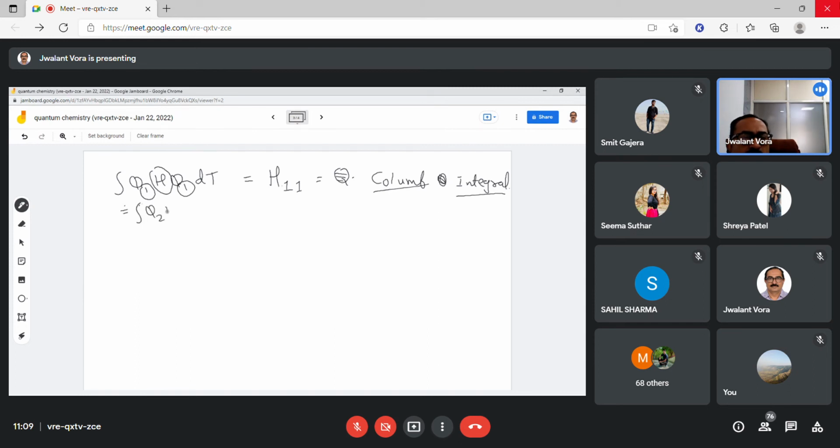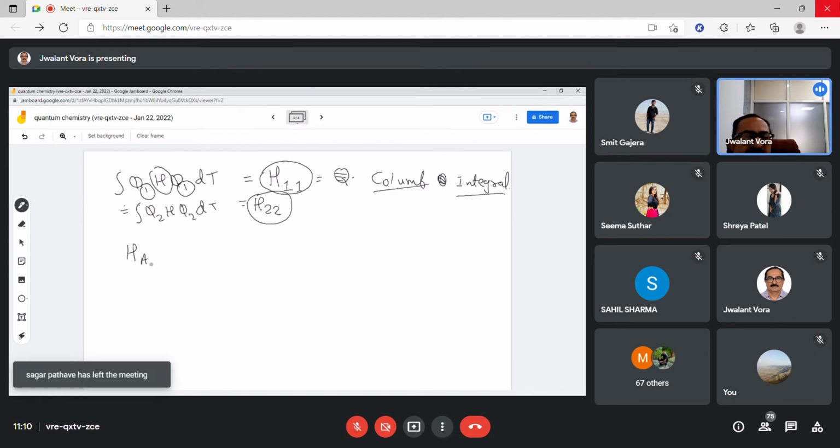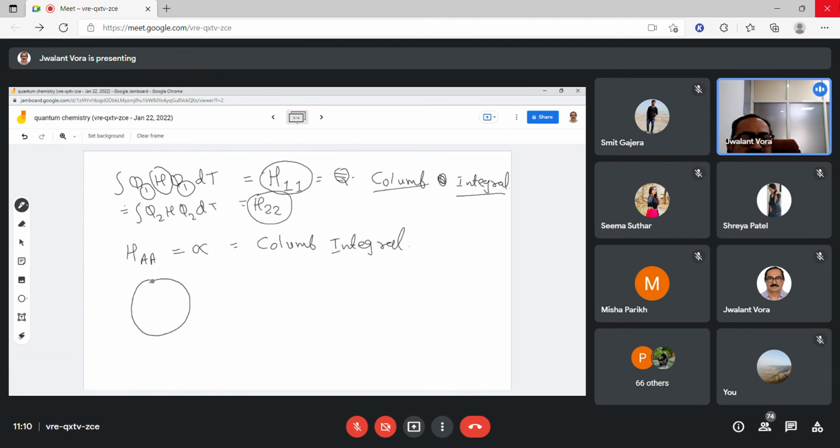અને કોઈ પણ, this is also equal to integration phi2 H phi2 d tau, this is equal to H22 કારણ કે બંને કાર્બન એટમ જ છે. રાઈટ, સો એને કોઈ પણ H AA ને એને નામ આપ્યું આલ્ફા. This is known as Coulomb integral. એ શું રિપ્રેઝન્ટ કરે છે કે ઇલેક્ટ્રોનની એનર્જી નક્કી કરે છે.